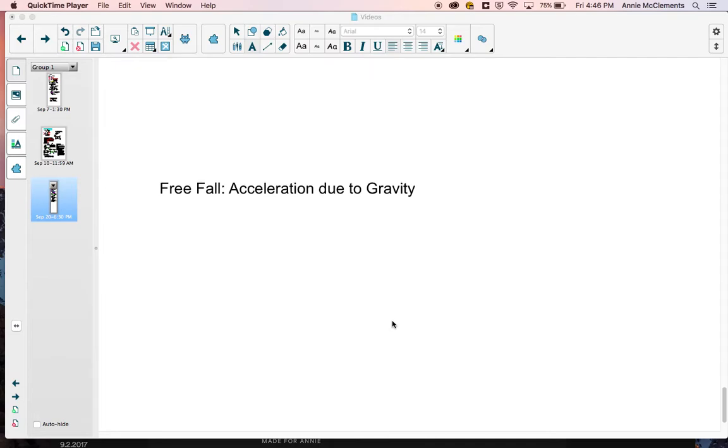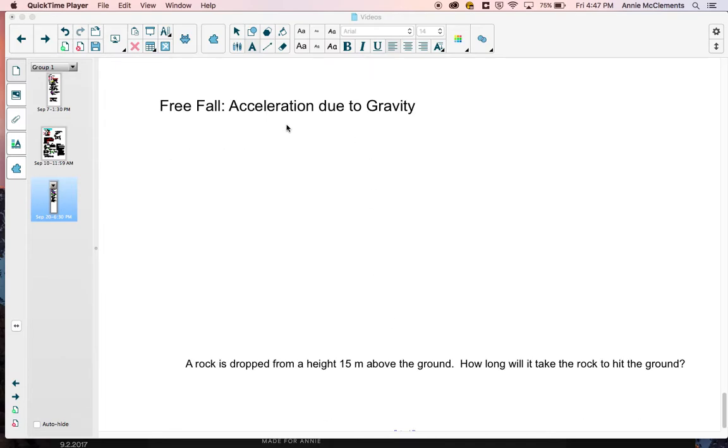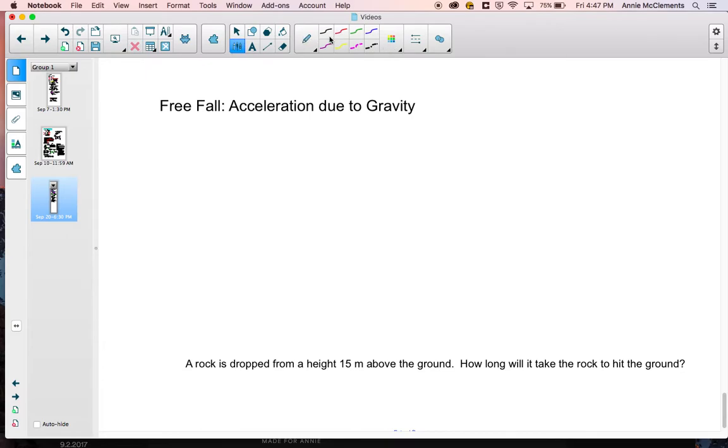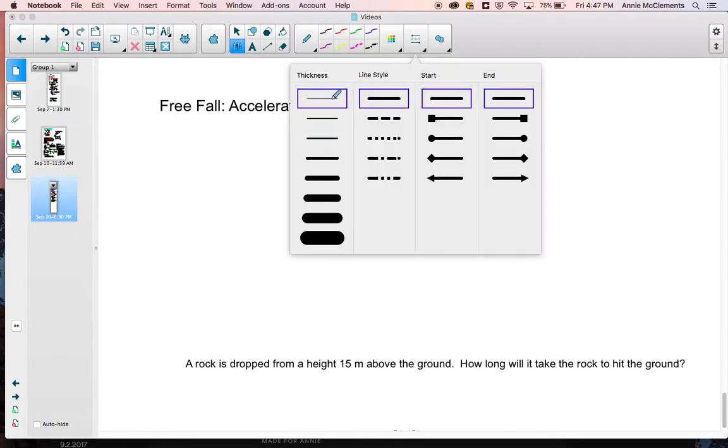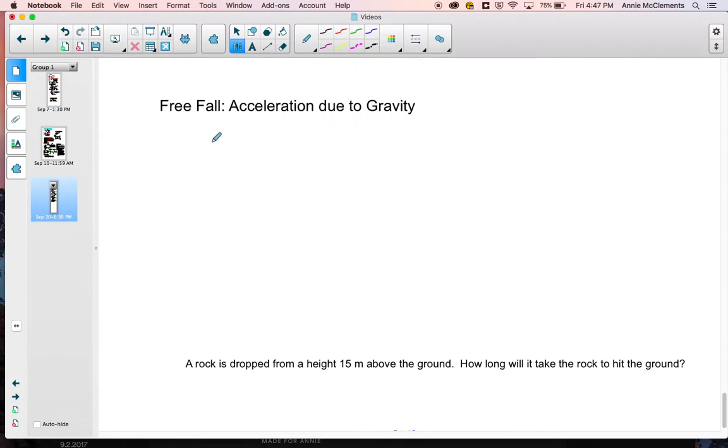So the concept of free fall or acceleration due to gravity is wicked cool. You can apply this to lots of things in your life, and we're going to see it over and over again in this course. But basically, the idea here is that there's this thing called gravity. It acts on things on and around Earth.